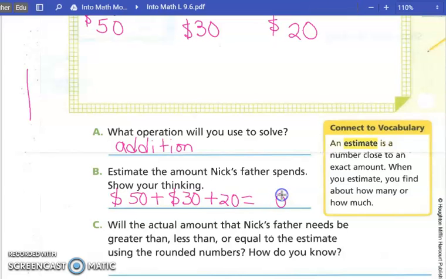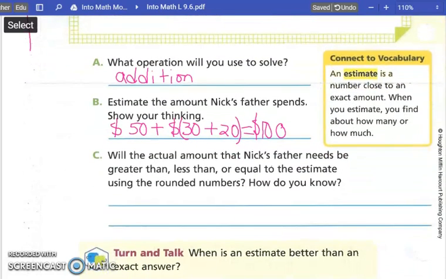So we're going to have a 0. We're going to have a dollar sign here. Now, can we add 3 plus 2? Yeah. So we could have put parentheses in here. That would have helped us, right? 3 plus 2 is what? 5. Plus 5 more is? 10. So 100. About $100.